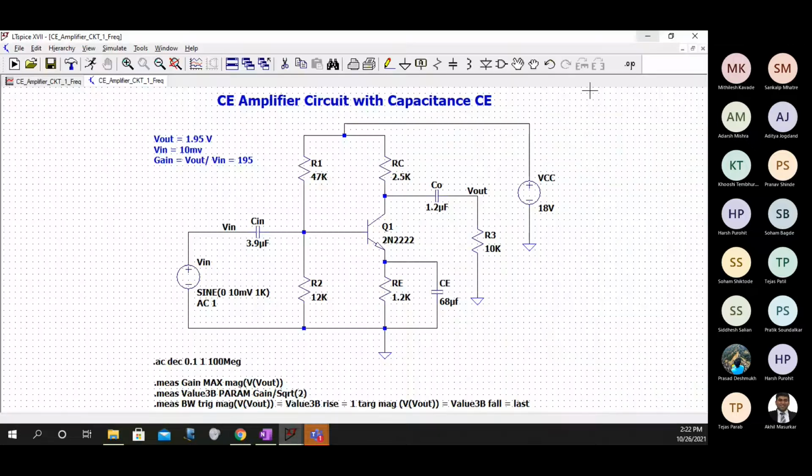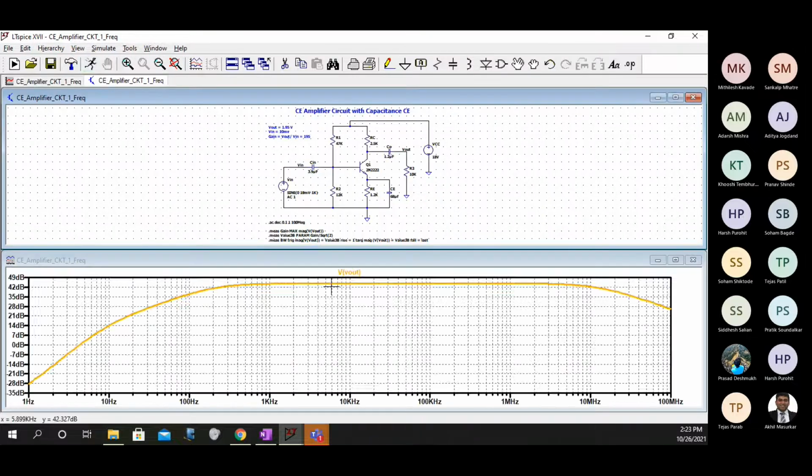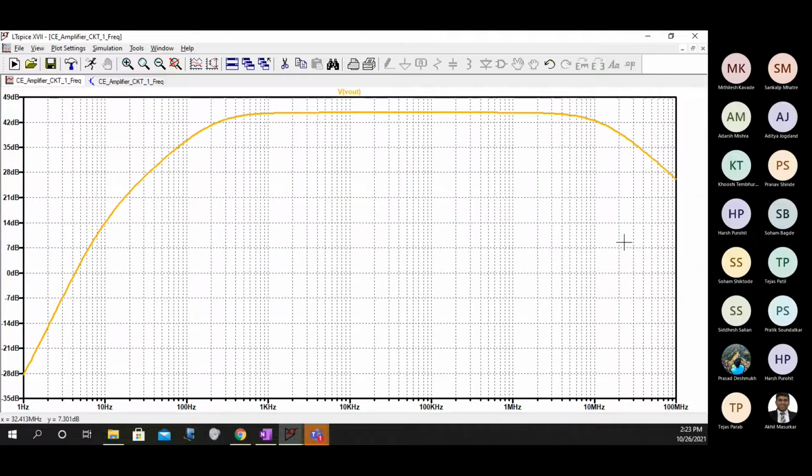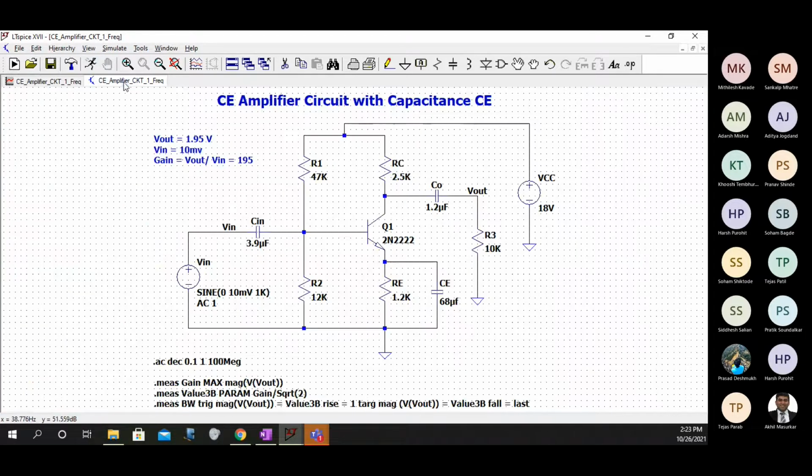Okay, so these lines you will use, and now I am running these things here. You will get your plot, that is not a problem. So it's almost the same, and you can do it with or without this resistance.